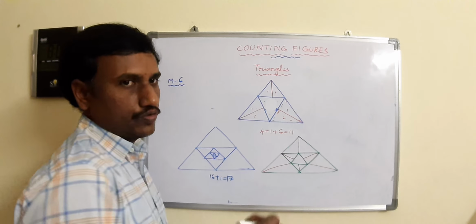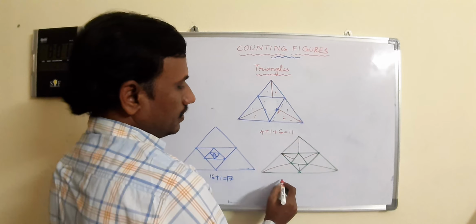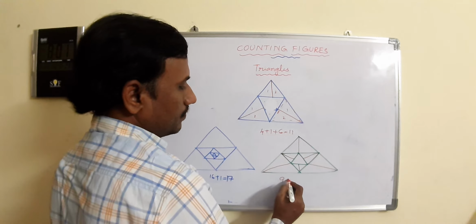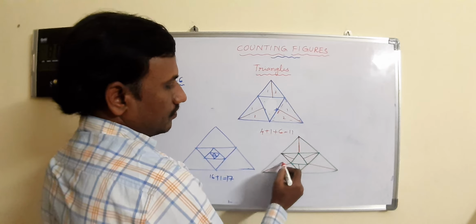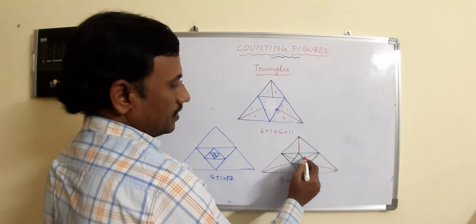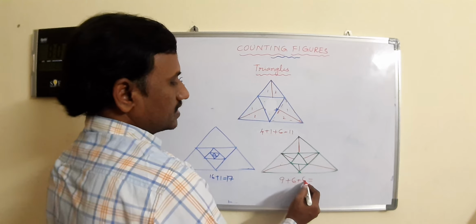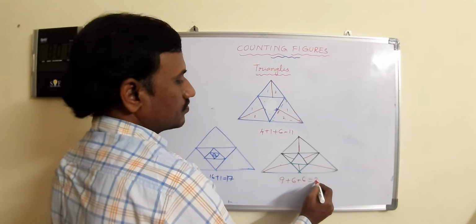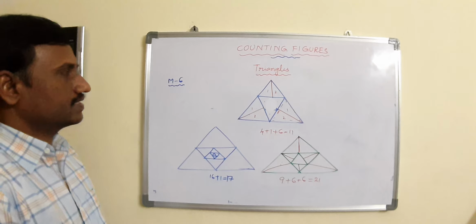That means 4 into 2 is 8, and this big triangle makes 9. 8 plus 1, 9. Plus the partitions here: 2, 2, 2, 6, and here also again 6. Then in total how many are we having? 6 plus 6, 12. 12 plus 9 is 21 triangles. Is it clear? This is the next model.